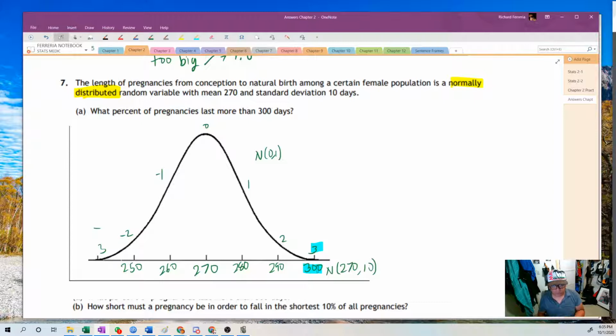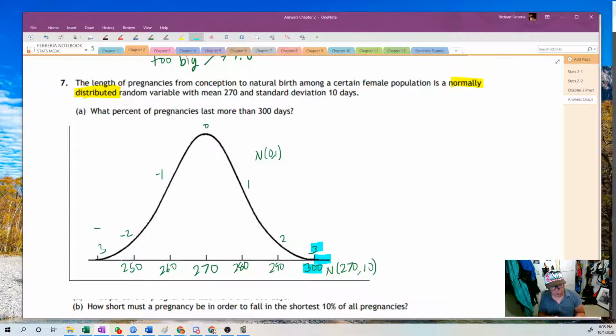There's not even a whole lot to shade here, just this little portion right over here. There's barely any area there, so we're going to expect a small number. If you wanted to compute this with the 68-95-99.7 rule, absolutely feel free to do that.